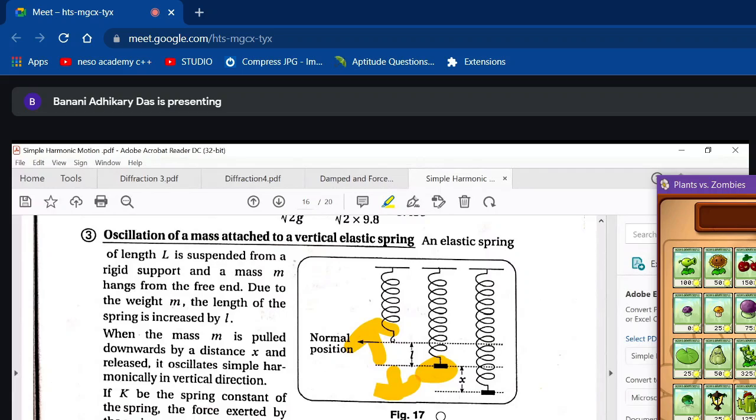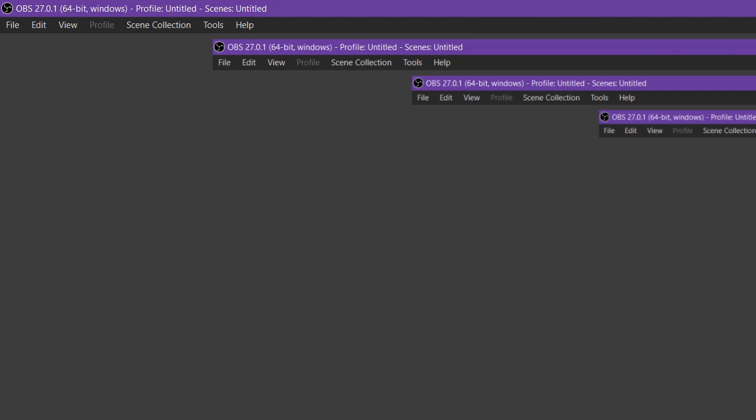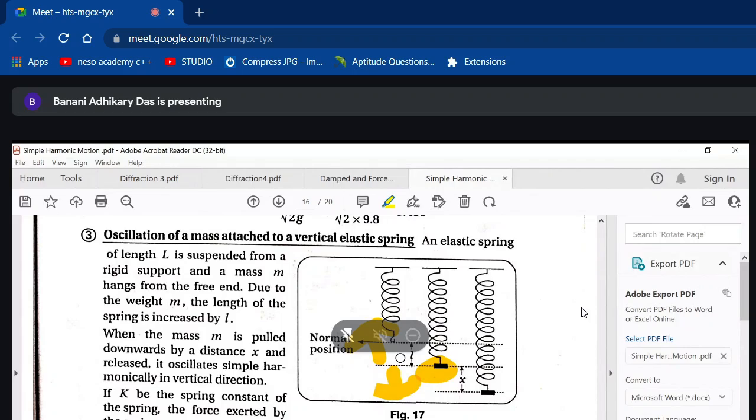So this is the equilibrium situation. The mass which you have attached to the spring is being balanced by the force exerted by the spring. It's perfectly in equilibrium.